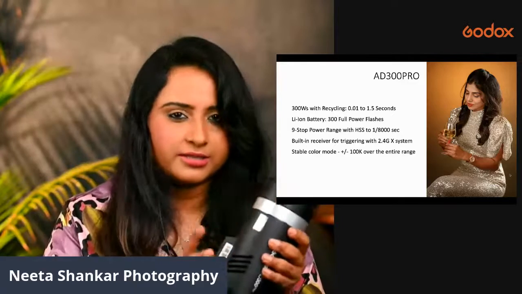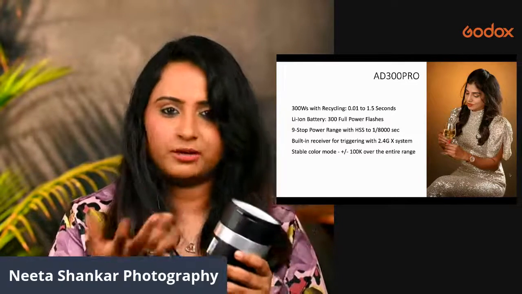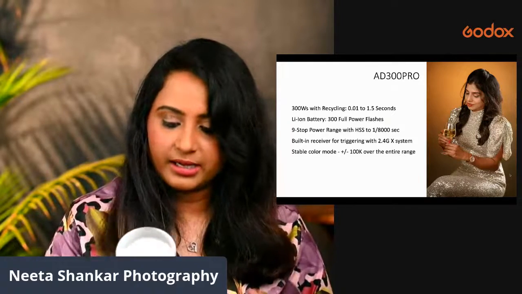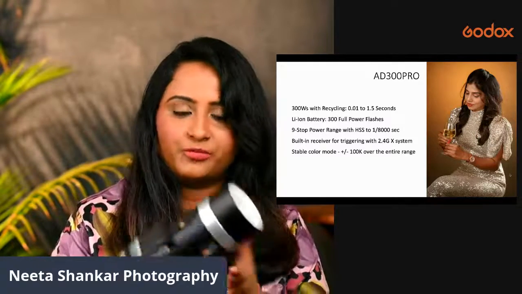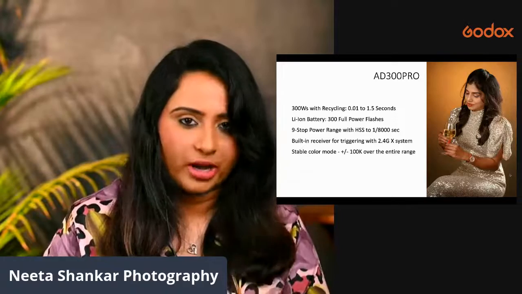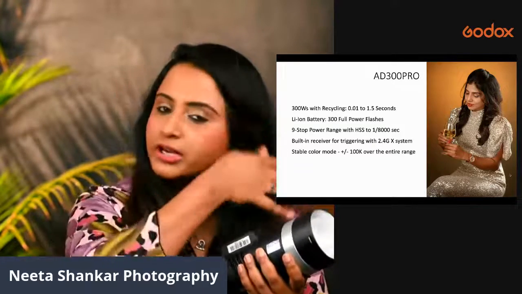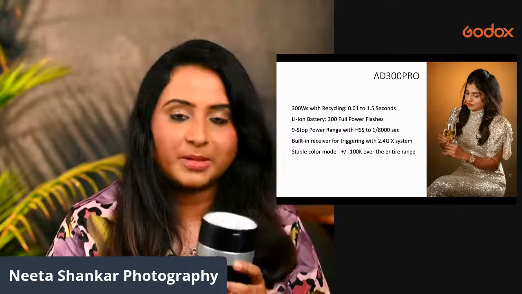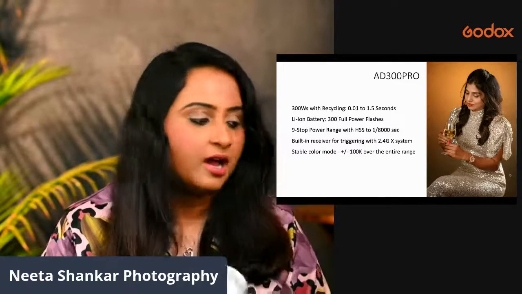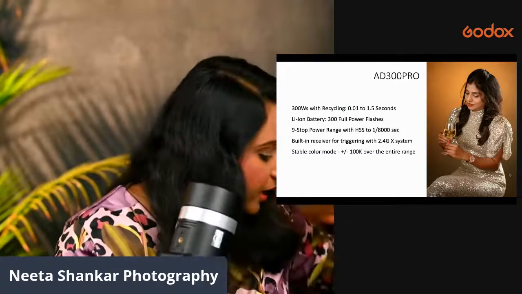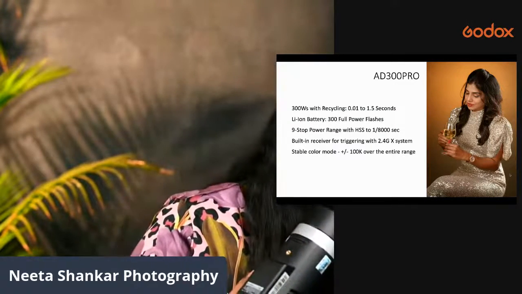It is smaller than a 70-200 lens, maybe slightly bigger than like a 105 lens. So it's quite handy. It'll fit into the lens pocket in all camera bags. So it makes it easier to just take it around with you on shoots, as compared to the AD200 Pro.